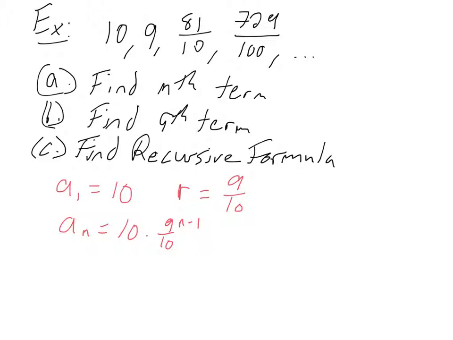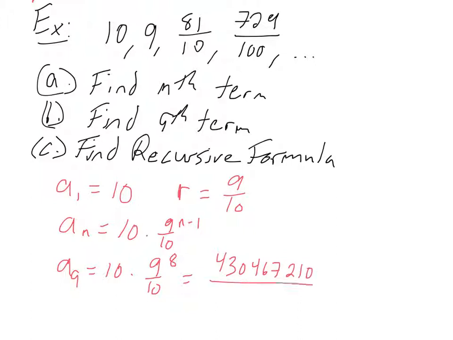The ninth term, a sub 9, it's going to be a very large number, as we can imagine, or they're going to have very large numbers in there. It's going to be 10 times 9/10 to the 8, which, if we multiply that out, is going to be 430,467 to 10 all over 10 to the 8th.